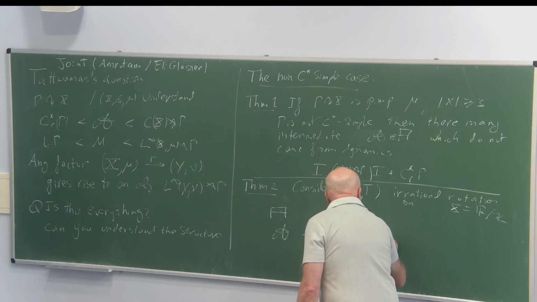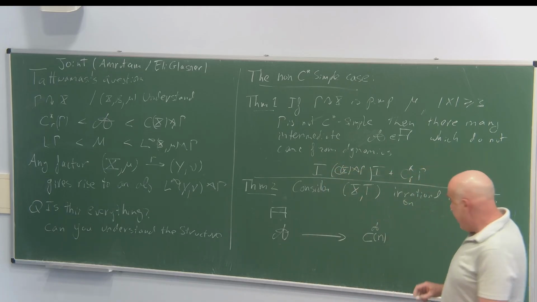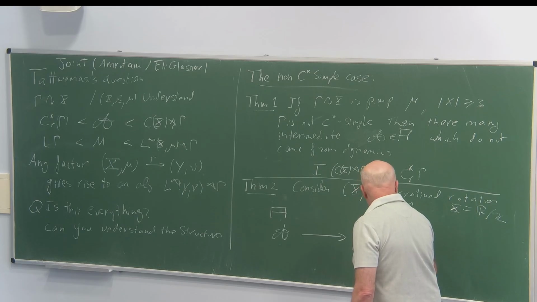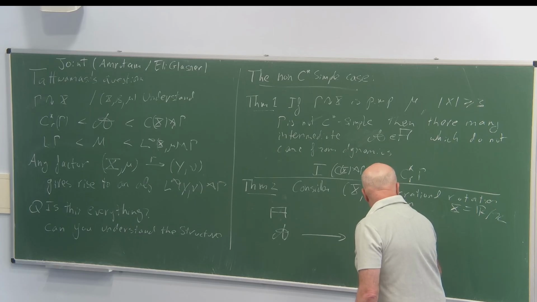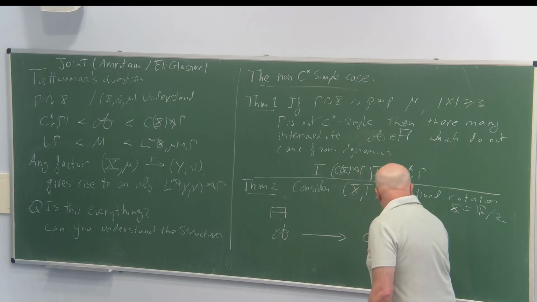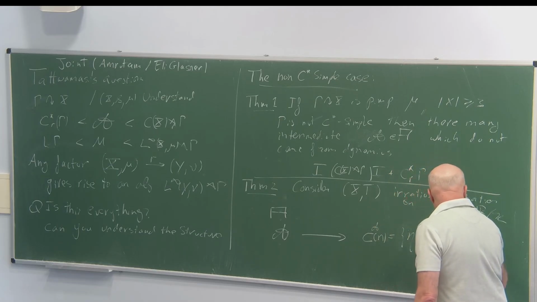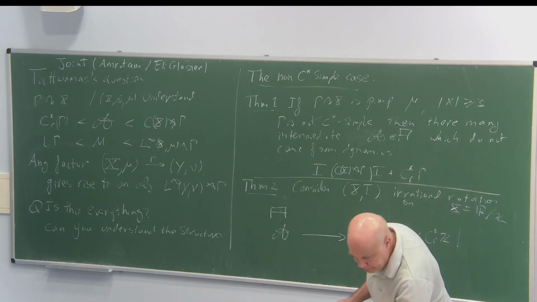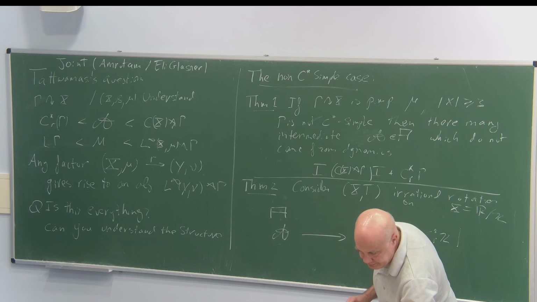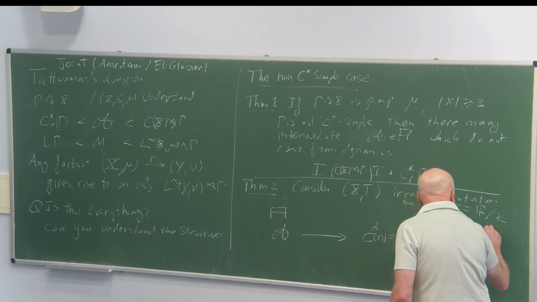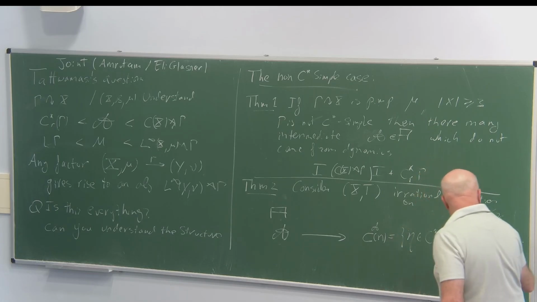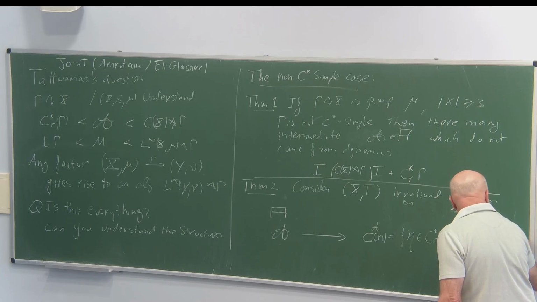I call them Cn, or Ca of n, if you like, which consists of all the eta in C star R mod Z such that e to the minus i n theta, e to the minus i n x times eta fits inside the algebra.